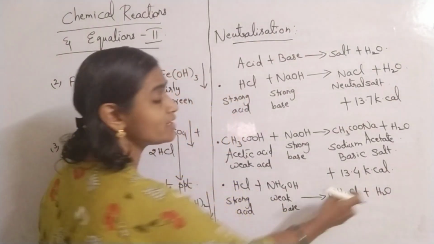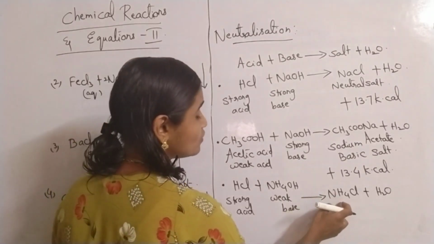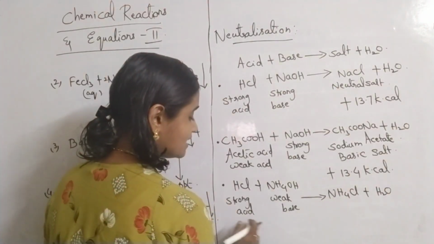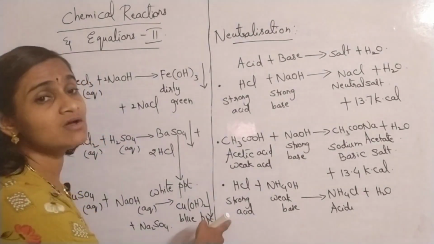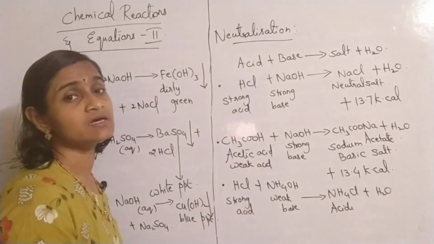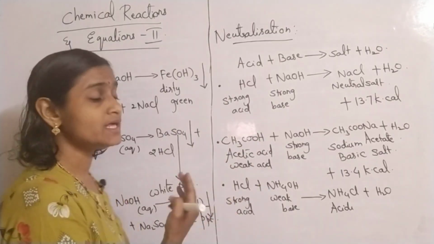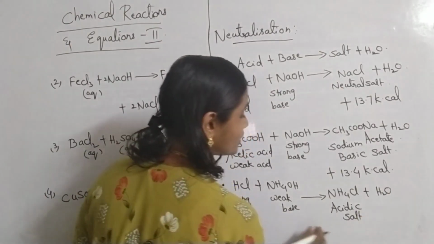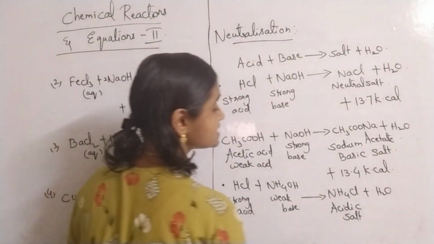Here also salt and water form, but NH4Cl, ammonium chloride, is what type of salt? Acidic salt, because the acid taken is strong and the base taken is weak. So the so formed salt is considered to be an acidic salt. Ammonium chloride is an acidic salt.